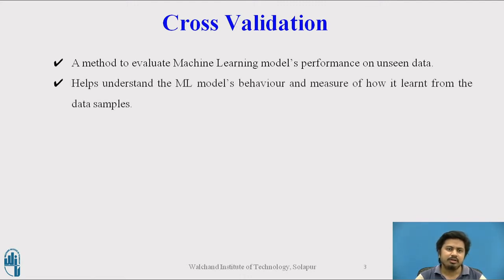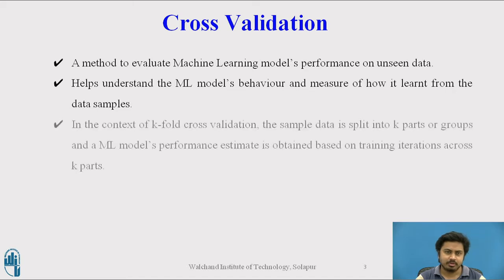So in short, it helps us understand the ML model's behavior and measure how it learned from the data samples. In the context of K-fold validation, the sample data is split into K parts or groups, and a machine learning model's performance estimate is obtained based on training iterations across K parts.